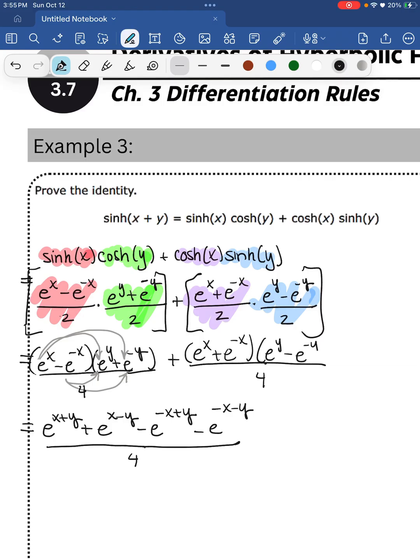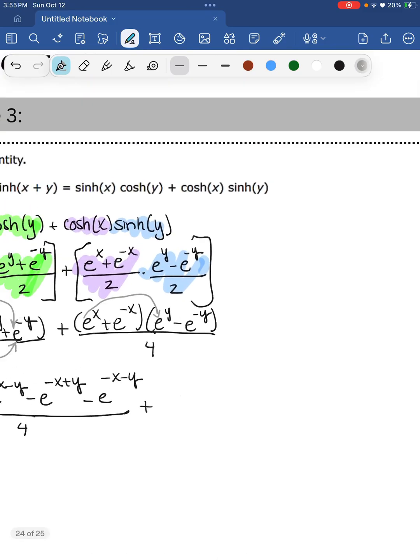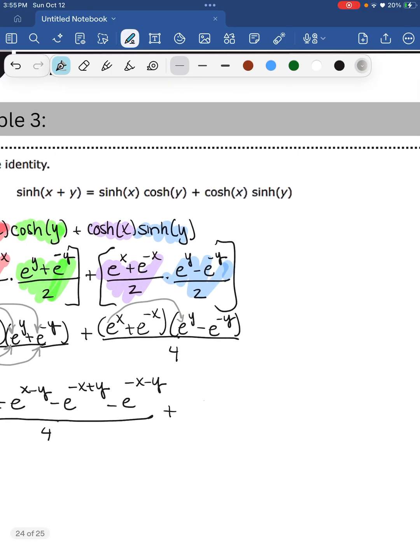And remember that coth squared would be the same thing as cosh squared of x over sinh squared of x, minus 1.